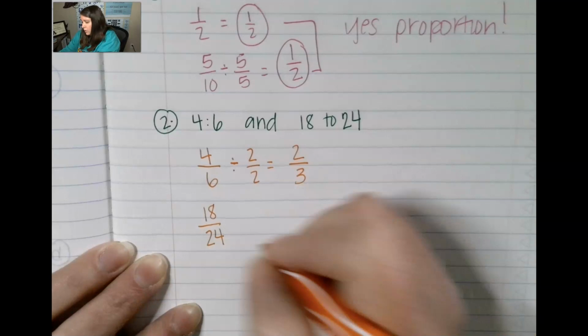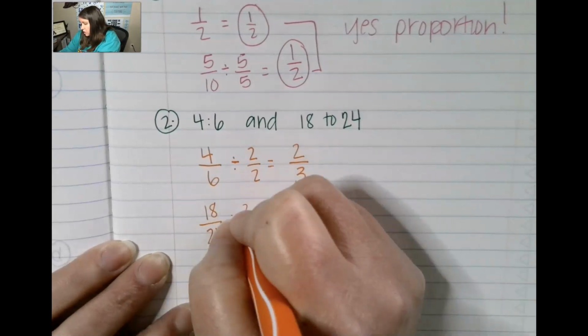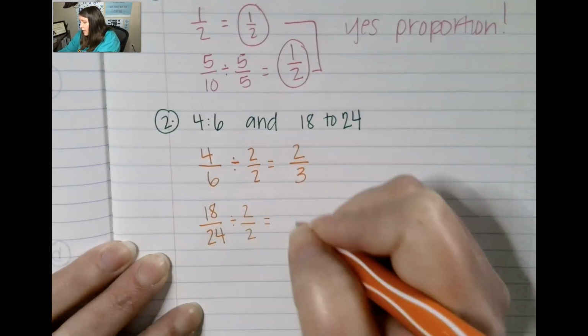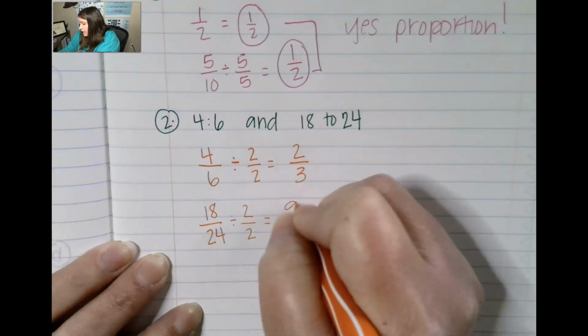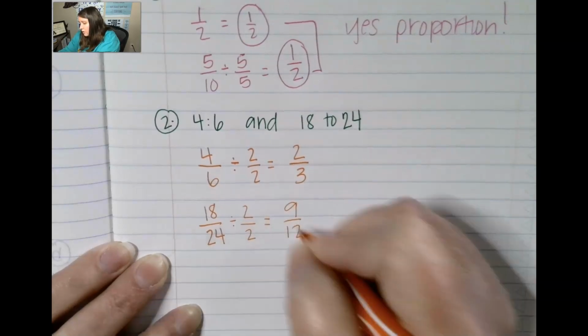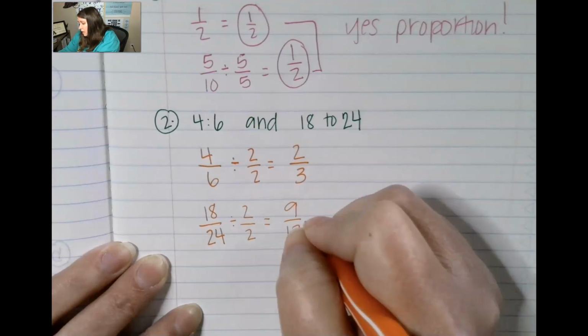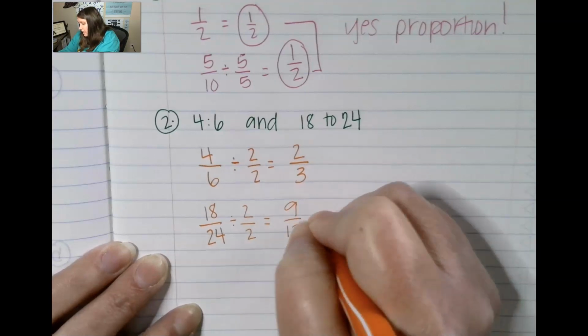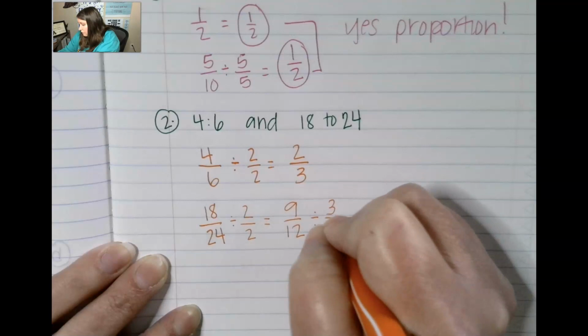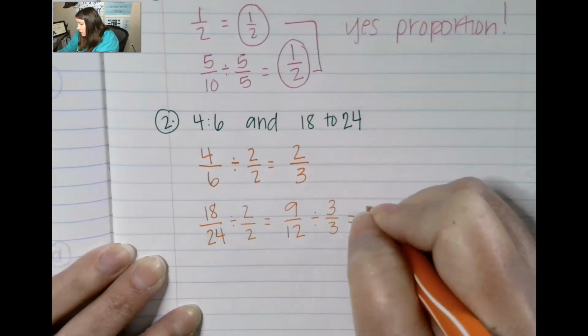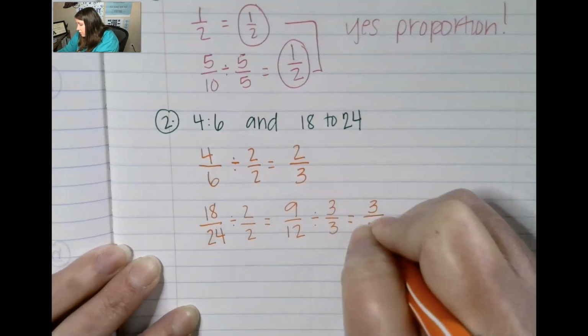I know that 2 goes into both of these, so let's try 2 and see what happens. We get 9 over 12. Well, 9 over 12 can be reduced by 3, right? 3 can go into both of those, so let's do 3 over 3. And that equals 3 over 4.